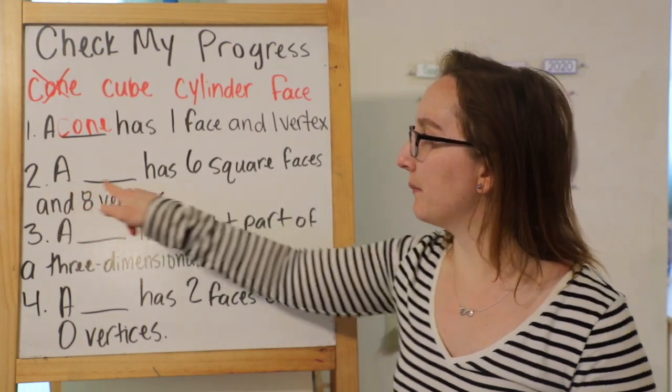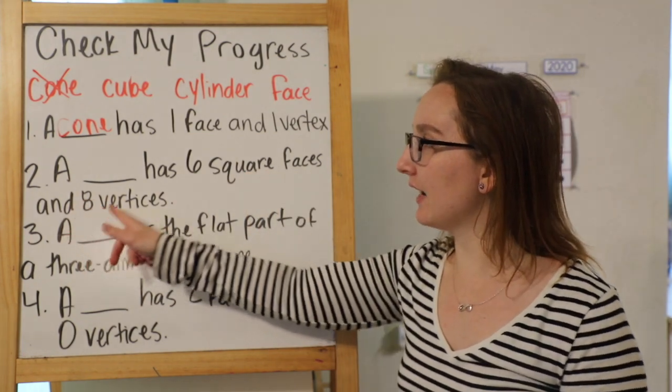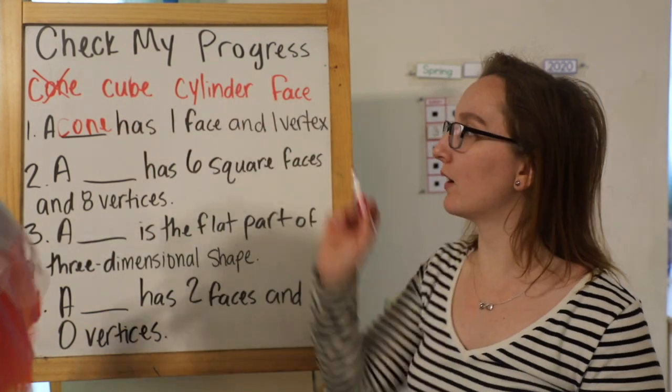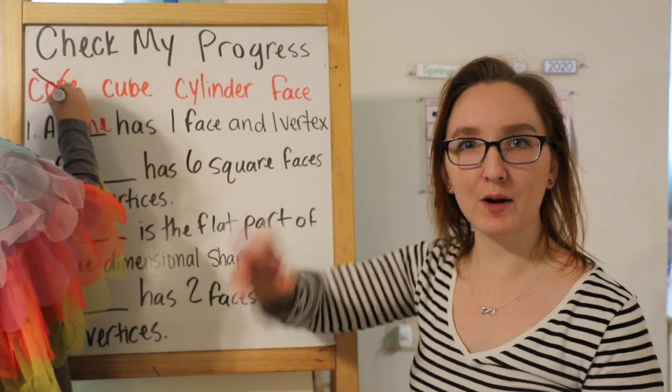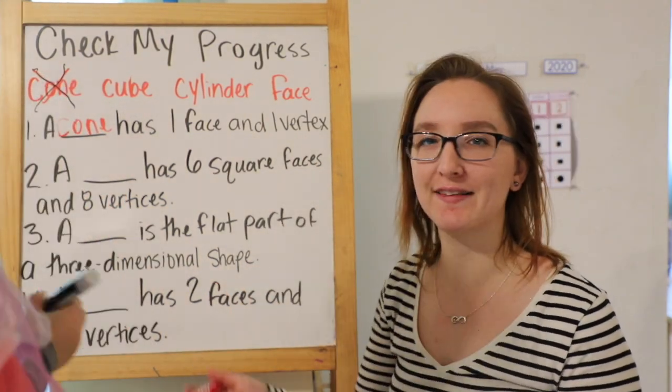Number 2, a blank has 6 square faces and 8 vertices. So I have a cube, a cylinder, or a face. Does my cube have square faces? Yeah, my cube has square faces.